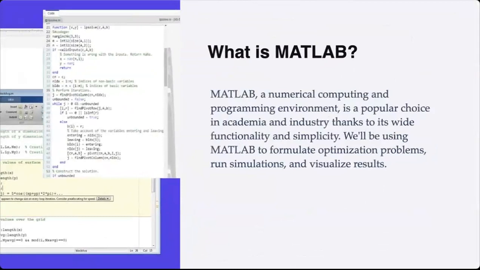I think we will go through this slide very fast because I'm going to tell you what tools we are going to use. The first one, we will use MATLAB. Do you know what MATLAB stands for? Yes, matrix laboratory.